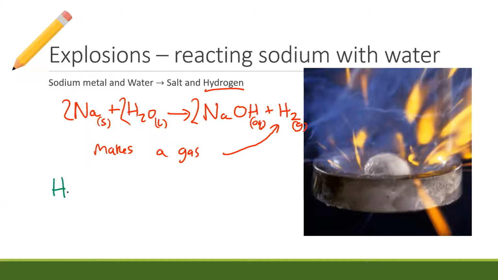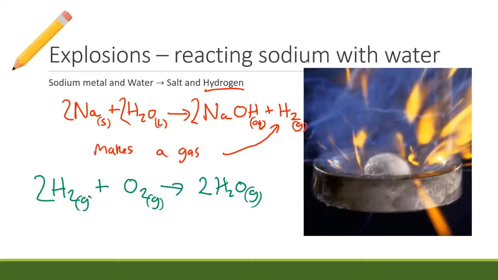If you take hydrogen gas and you react it with oxygen, you can actually create H2O gas. That's another explosion that you can make, and that releases a lot of gas at a very, very high temperature.